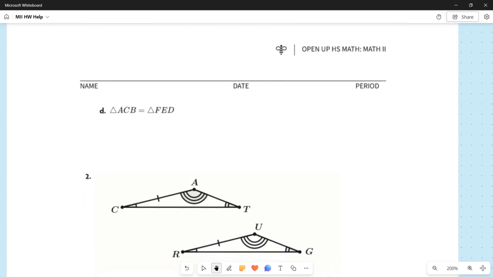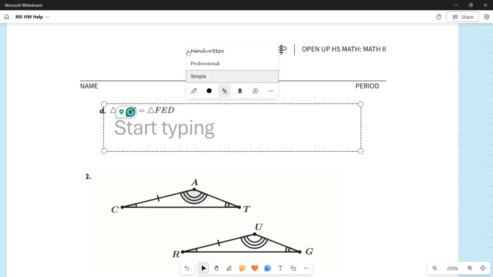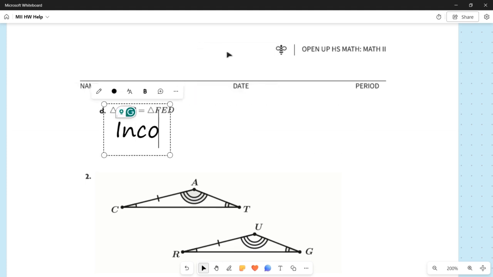Part D. Triangle ACB is equal to triangle FED. Well, without even looking at my picture, I know this is incorrect.